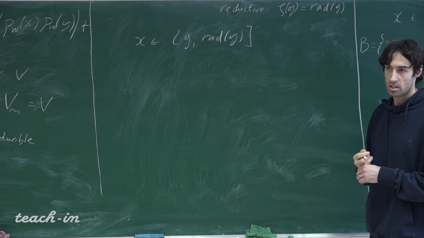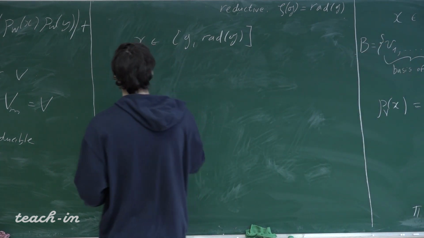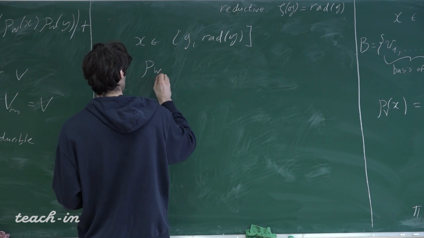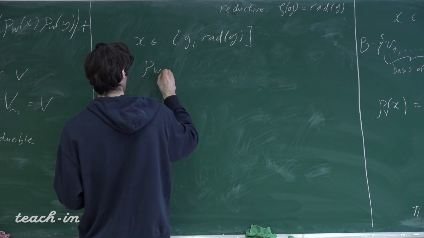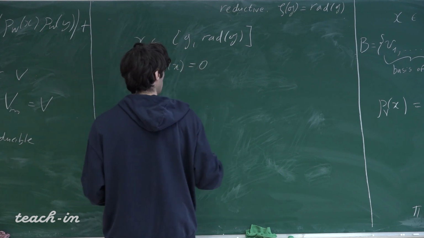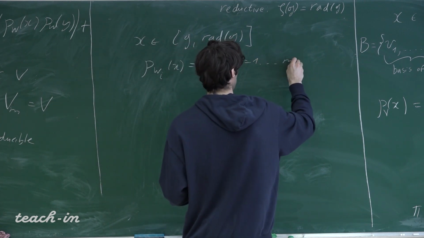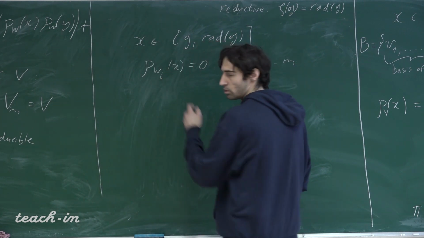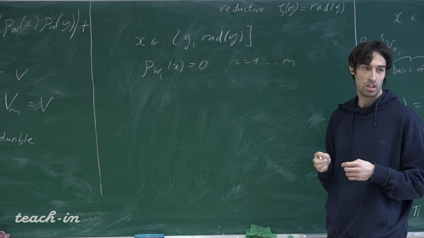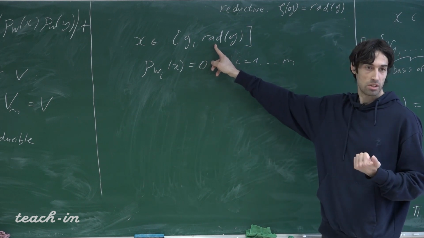Right? Then rho Wi of x is 0 for all i from 1 to m, right? Because the Wi's are irreducible, and we know that in irreducible representations, this thing acts by 0, that we proved last time.